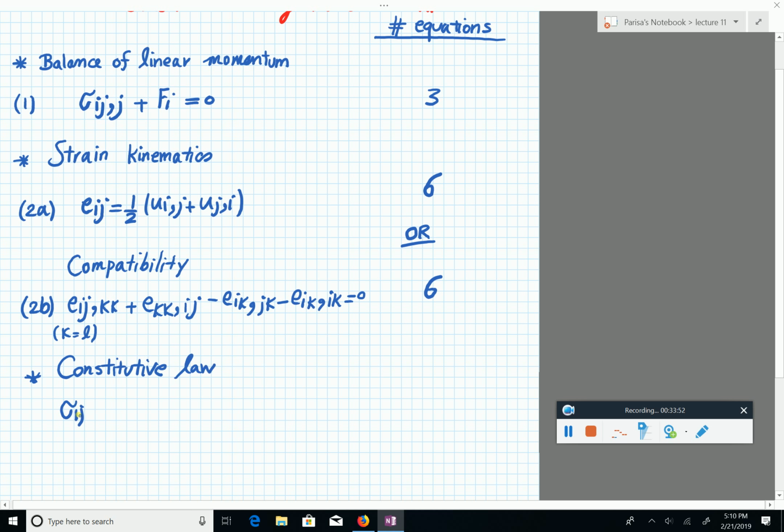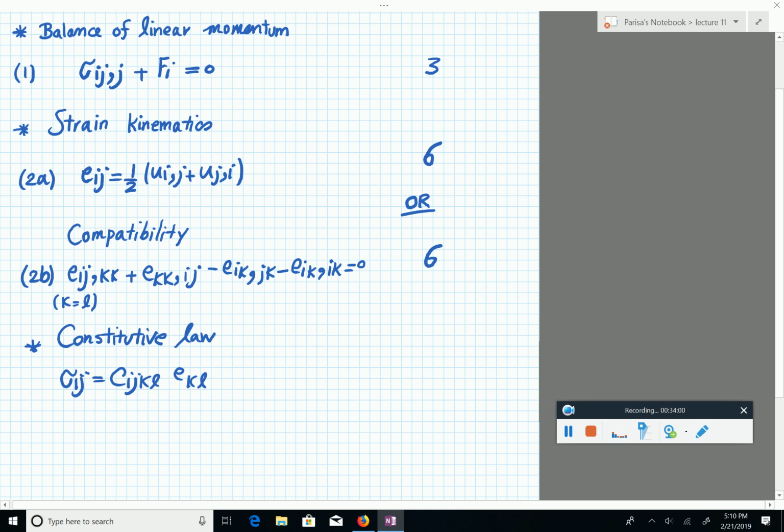And this also has to be something that you shouldn't look at the reference to write. This you should know, right? How many equations are these? Also 6. We learned about all the symmetries, etc. We have 6. So if you sum everything up, how many total equations do we have? 15.